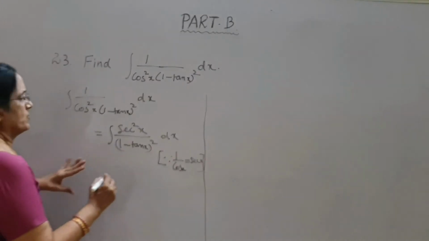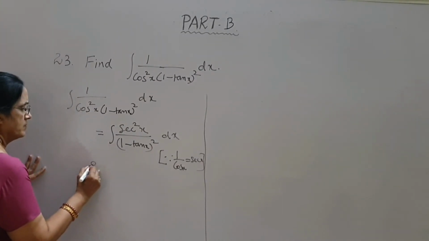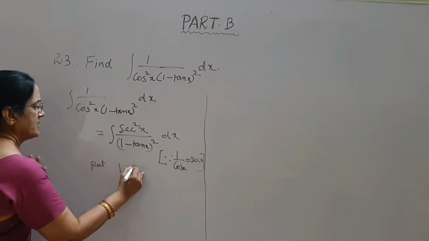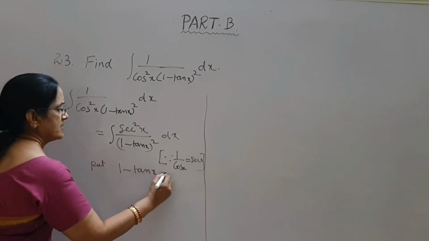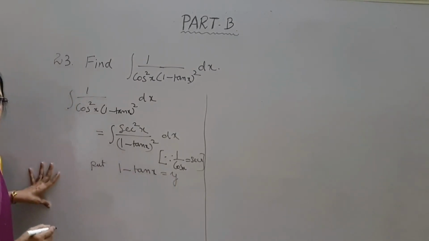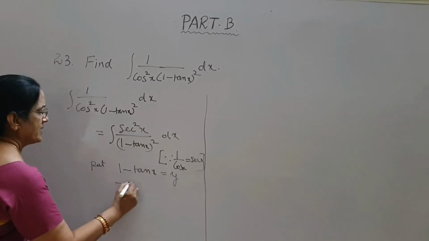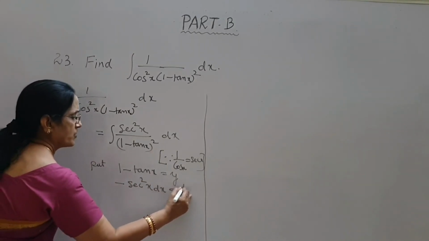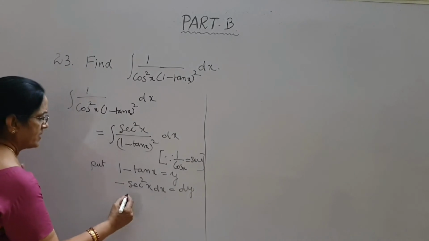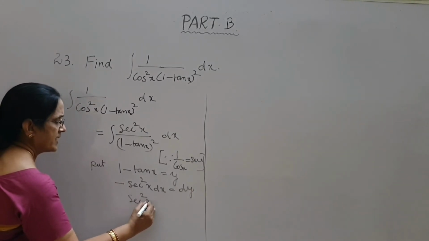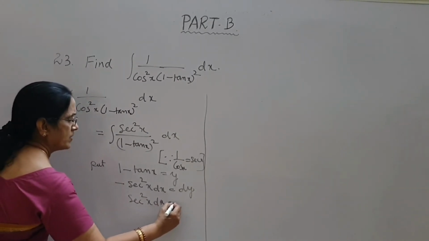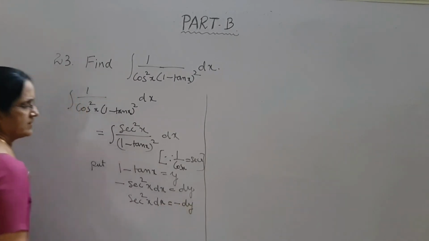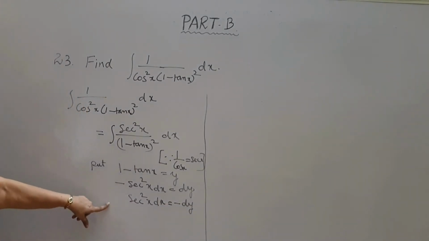Okay. Now, put 1 minus tan x equal to y. Minus secant square x dx equal to dy, or secant square x dx equal to minus dy. Now this is what you are getting.